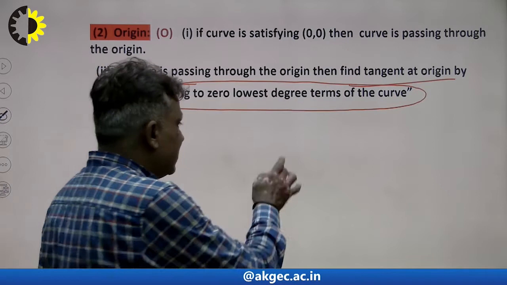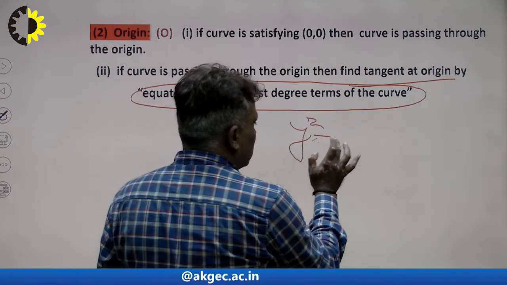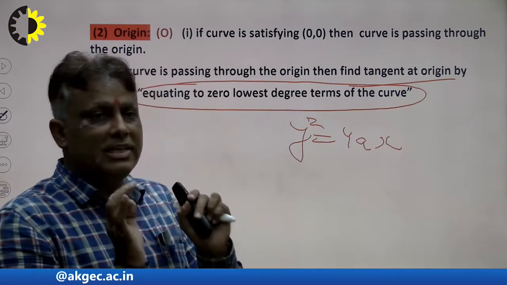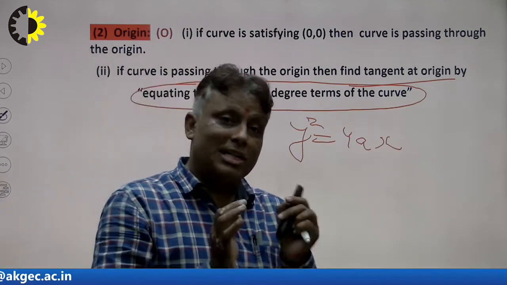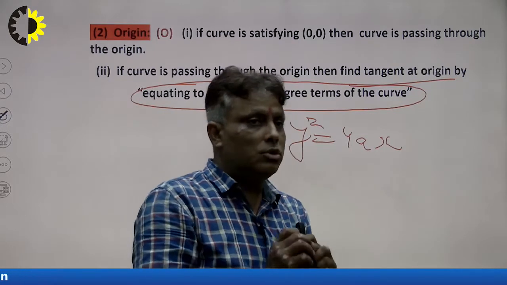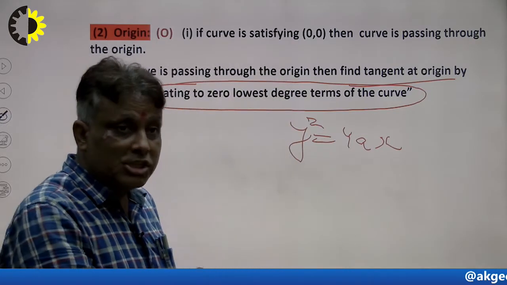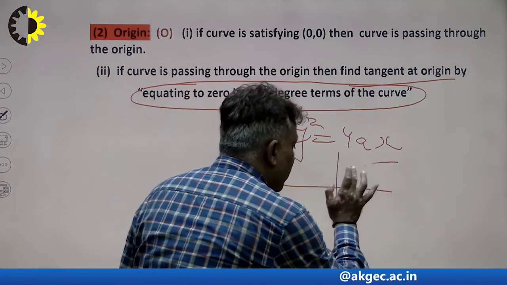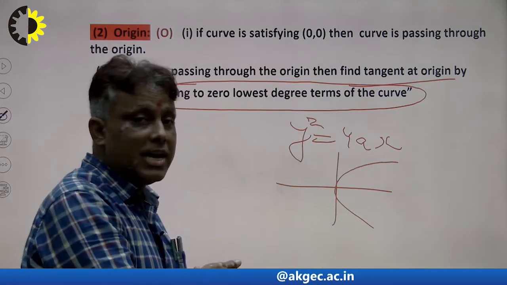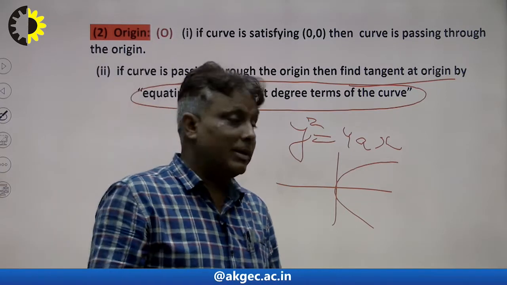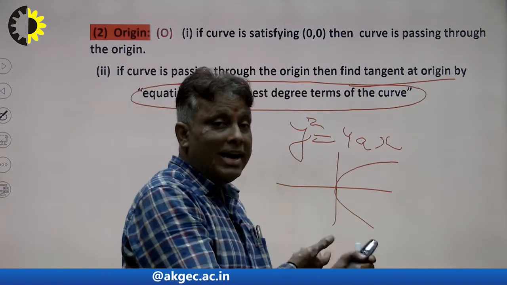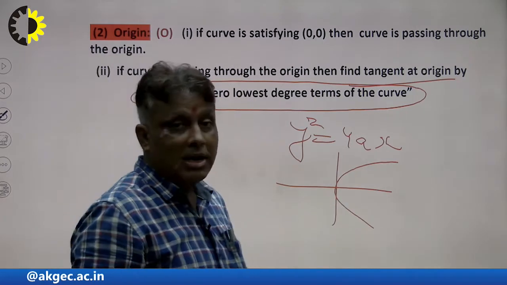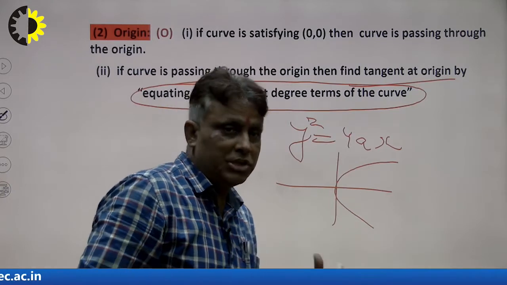Equating to 0 the lowest degree terms of the curve. How? Suppose I write an example here, y² = 4ax. This is a parabola, and students study it in 11th and 12th level also, but they don't know what the position will be and why its diagram is like this, because in the 12th level the teacher draws this diagram and students cram it, right? But here we know why its shape is like this, and what the benefit and application of this shape are; we study that in this topic.